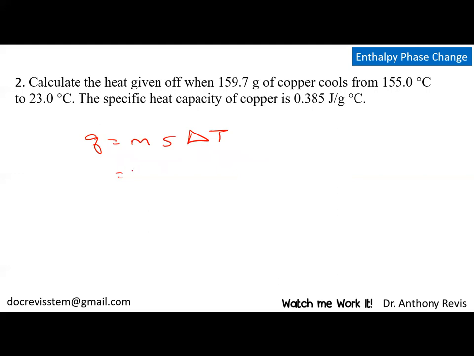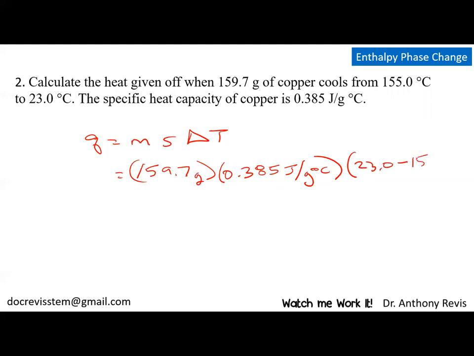Okay. And to do this, we have a mass of 129.7, and that's grams. Don't let me forget the units. And then we have the specific heat capacity of copper, which is given. You'll hear specific heat capacity or specific heat used interchangeably many times. And then here, T2 is going to be 23.0 minus the initial temperature. Now, it's a good time to talk about this as well.